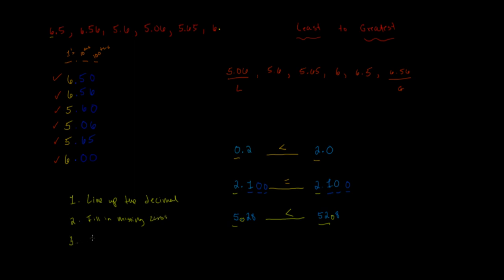And then third, you just compare by place value. What I mean by place value is, you start with the whole number, whichever one's bigger is obviously going to be a bigger number regardless, and then you start comparing them by their decimals over here. Whichever one's got the bigger number is going to be bigger, okay? So line up the decimal, fill in the missing zeros, and then compare them by their place value.